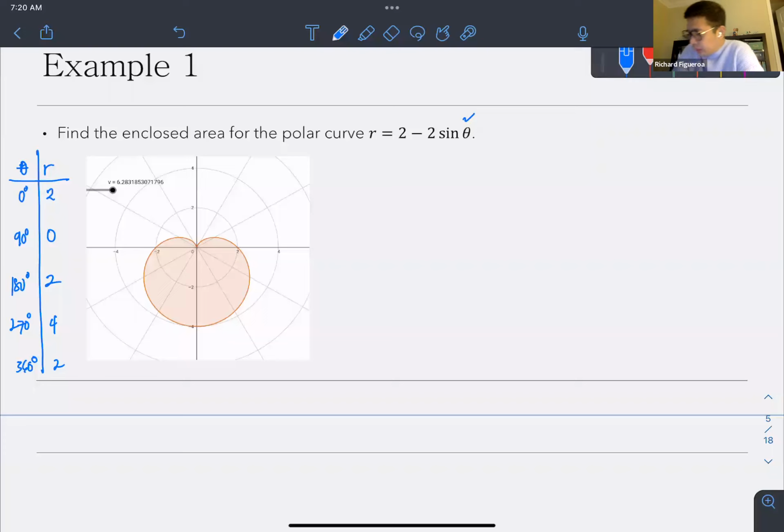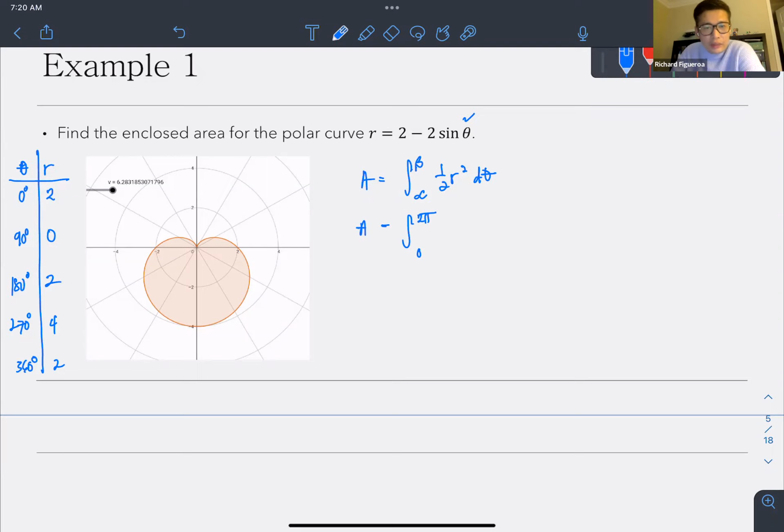Afterwards, we are to find the area. We have our formula for the area, from alpha to beta, 1/2 r squared d theta. As long as it is just a single polar curve, we can assume that our limits will always be from 0 to 2 pi, which is 0 to 360 degrees.